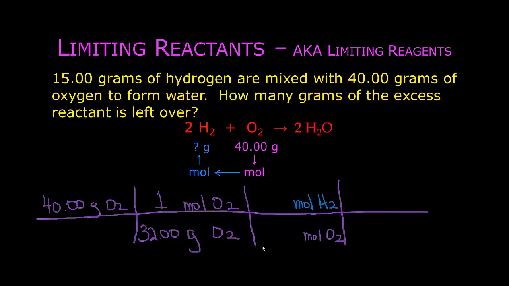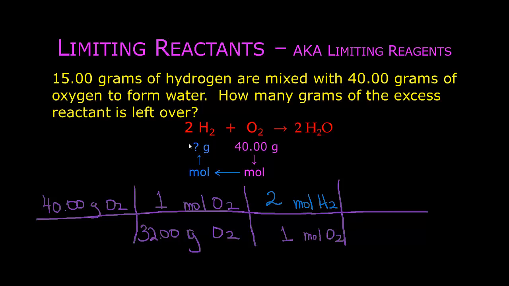This is a mole-mole ratio, so we can't just assume that it's 1. We always look at the balanced chemical equation for mole ratios. Moles of hydrogen is 2, so I'm going to write a 2 there. Moles of oxygen is 1, so I'm going to write a 1 right there.